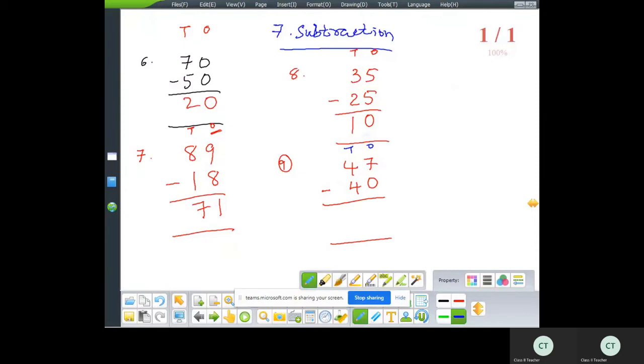Now subtracting on ones. 7 minus 0 means 0 is subtracted from 7. When 0 is subtracted from a number, we get the same number. 7 minus 0 is 7 only.